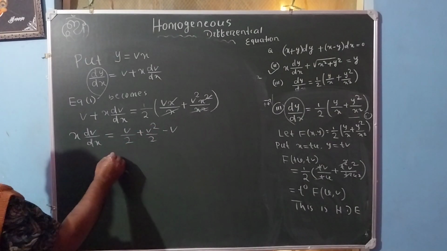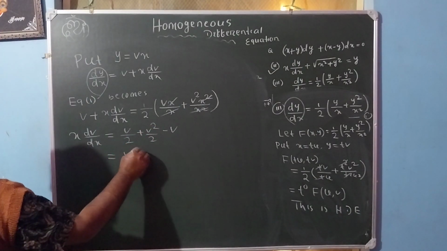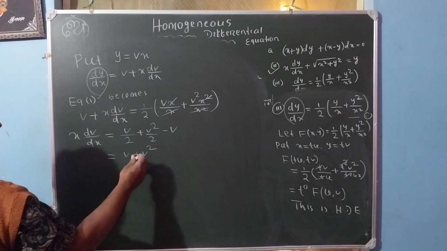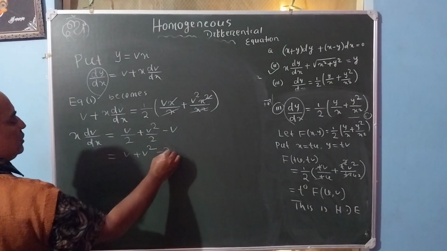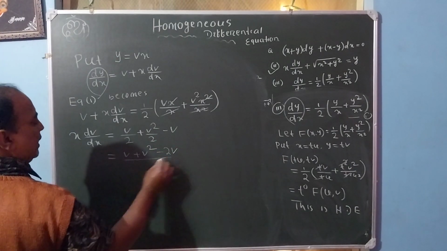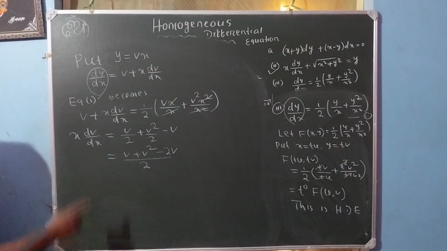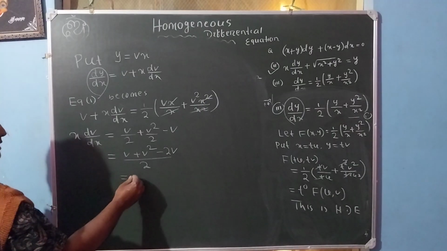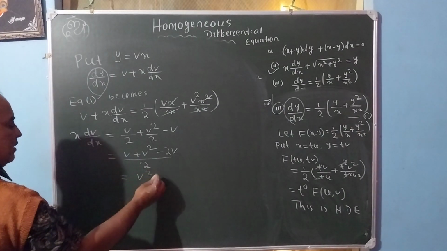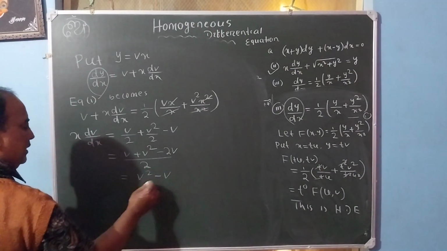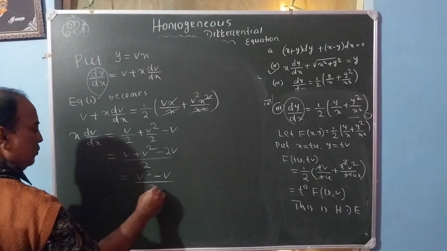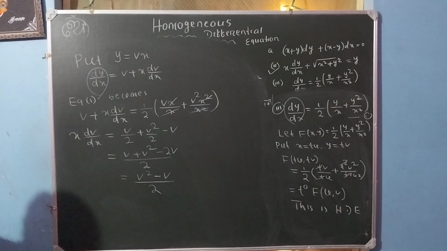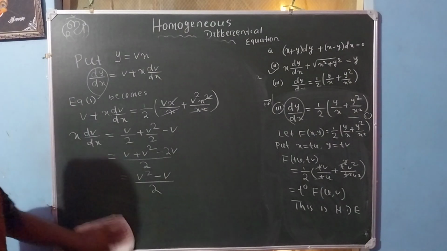Now taking the LCM, we get v plus v square minus 2v by 2. We get v square minus 2v plus v, that is v square minus v by 2. Okay. Now separating the variable.